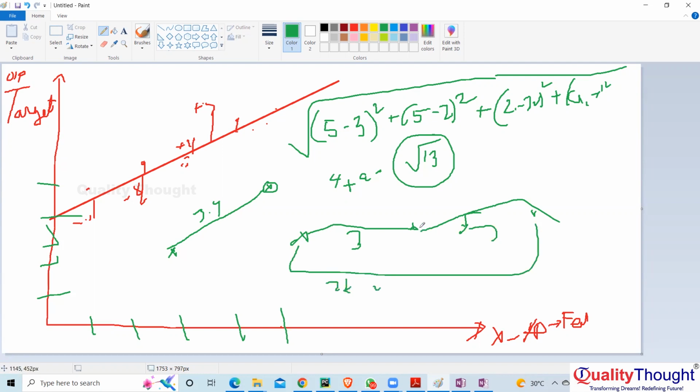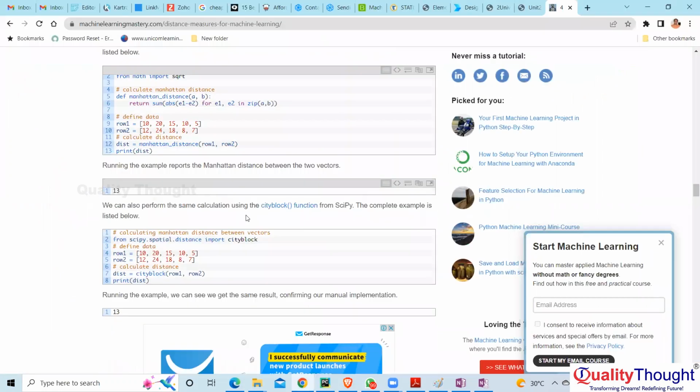If I tell you from school to my home is 5 kilometers and from school to my friend's home is 3 kilometers, what is the distance between my home and my friend's home? You don't know unless you know the direction, right? You cannot say 5 minus 3, 2 kilometers. What if his house is on the other side? Then it will be 5 plus 3, right? So that's what the Manhattan distance is doing.